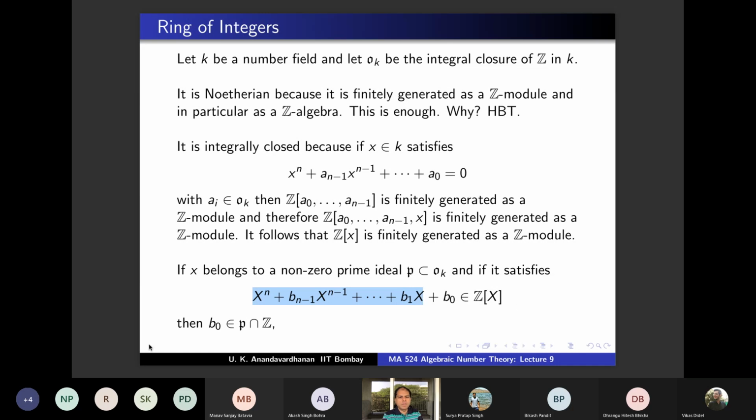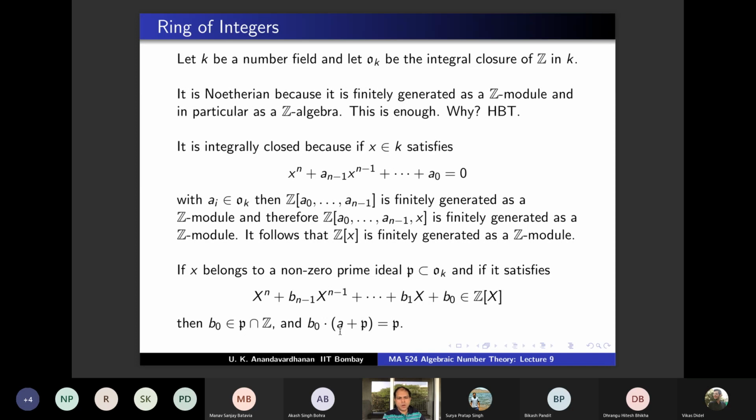B0 is also in Z, so B0 belongs to P intersection Z. Therefore, if you take an element in OK mod P, let us say A plus P where A belongs to OK, then B0 times A plus P by definition is B0 A plus P. But B0 A belongs to P because B0 belongs to P and A is in the ring.